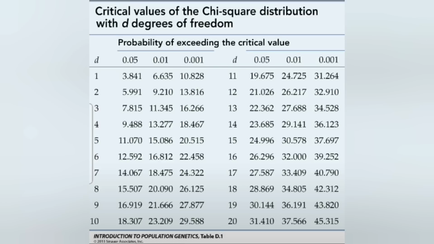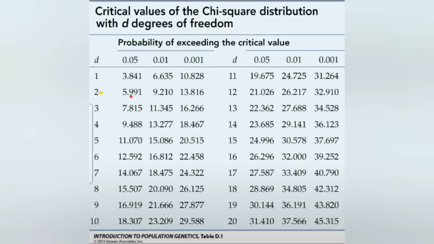You know that 5% is 0.05, so all you have to do is trace it downward to the value that corresponds to 2 degrees of freedom. That is 5.991. So the critical value will be 5.991 if the degree of freedom is 2 and the level of significance is 5%.